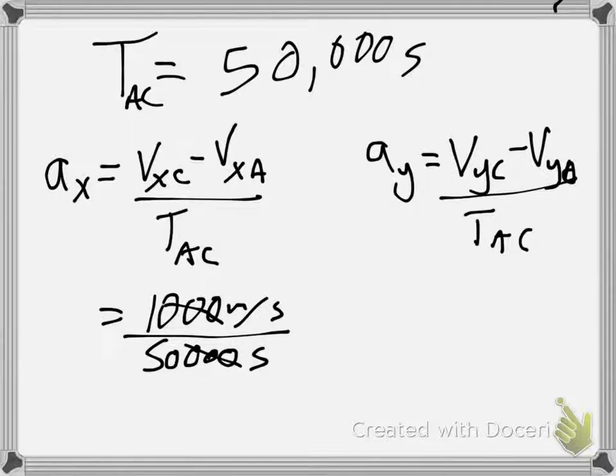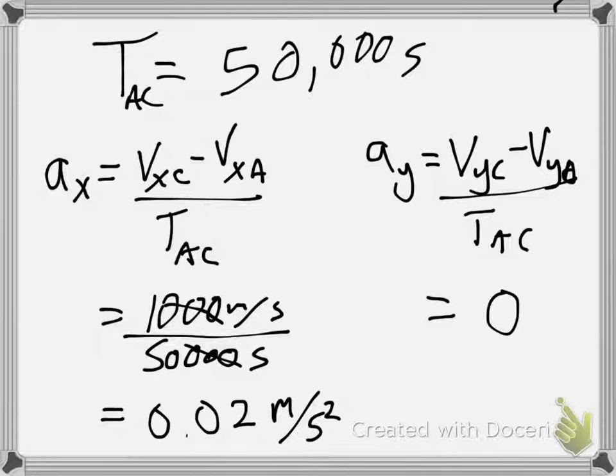So 1/50th is 0.02 meters per second squared. And for the other one, Vy at C should be 0, and Vy at A should be 0, so that gives us 0, because there's no change. Vy is the same.